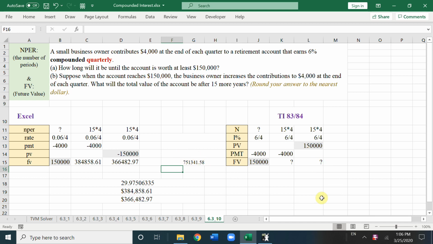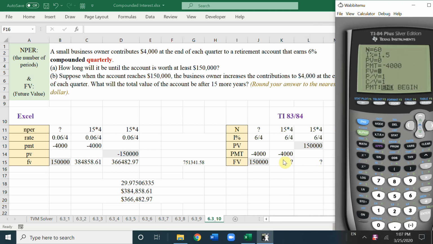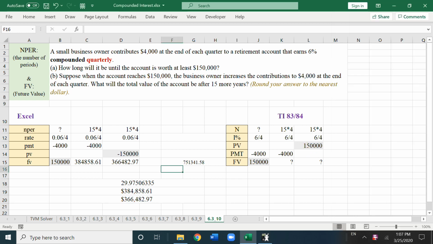And you can use a calculator. Let's try. Let's get this first. This is continuing to deposit 4,000 for the next 15 years. So alpha, enter. So you get this. We actually get exactly the same answer here. And then for the next one, your payment here, we need to change.